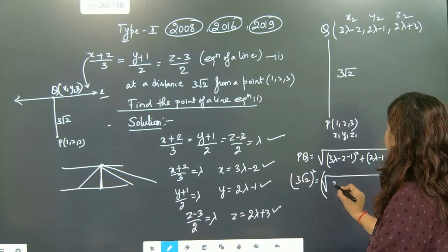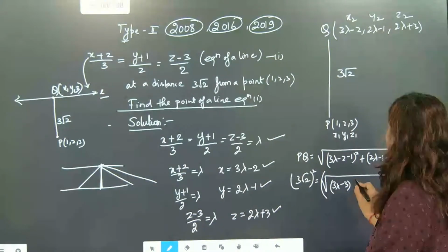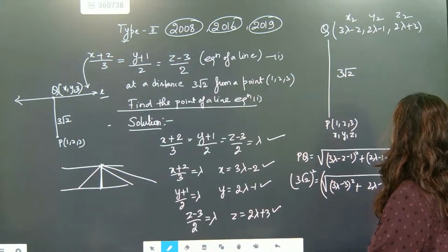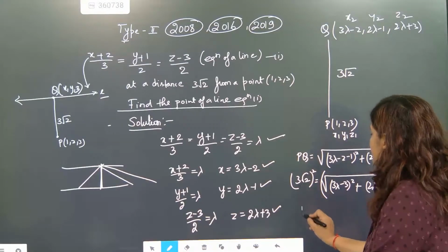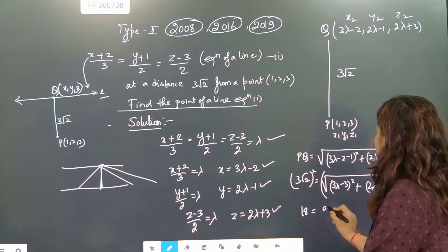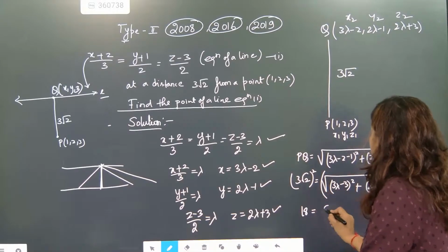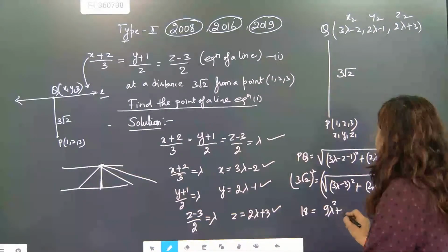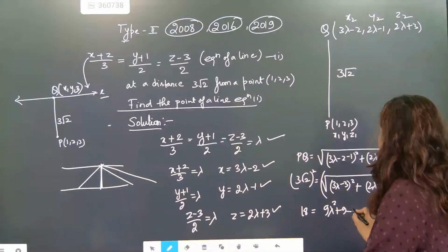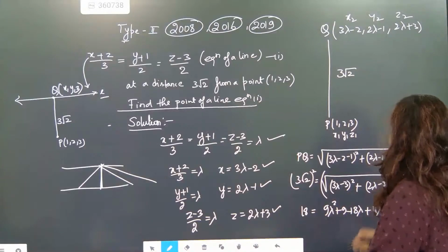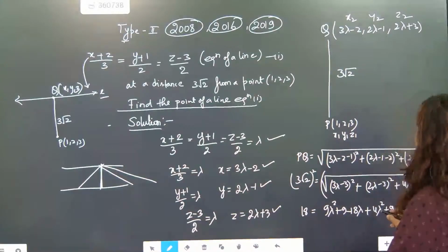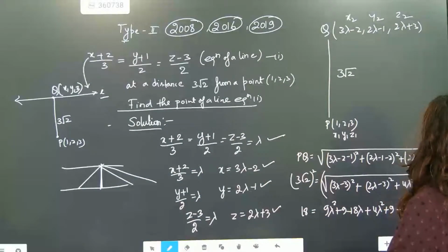Now here it is (3 lambda minus 3) whole square plus (2 lambda minus 3) whole square, plus 4 lambda square. So now it is coming as 18 is equal to 9 lambda square plus 9, minus 18 lambda, plus 4 lambda square plus 9, minus 12 lambda, plus 4 lambda square.